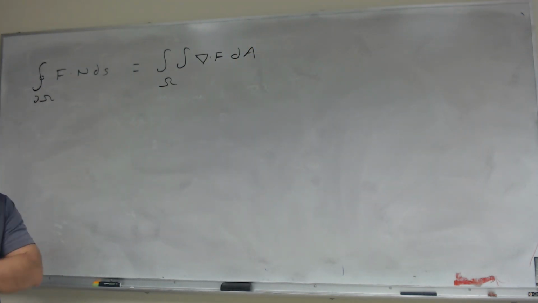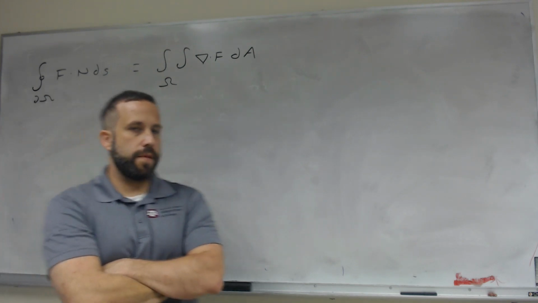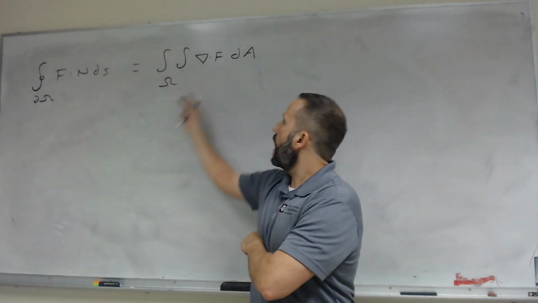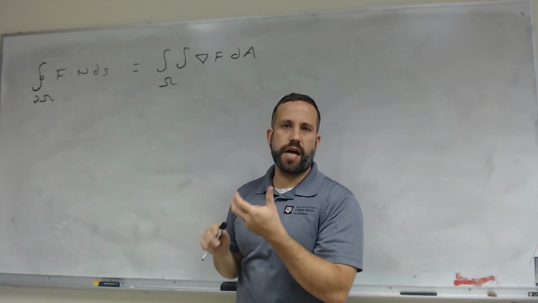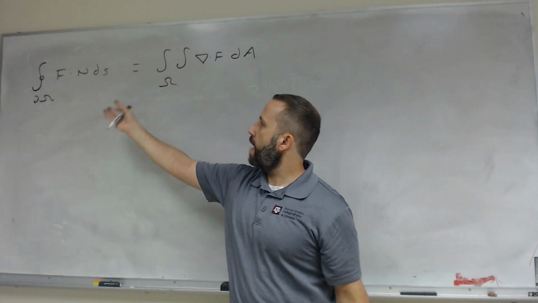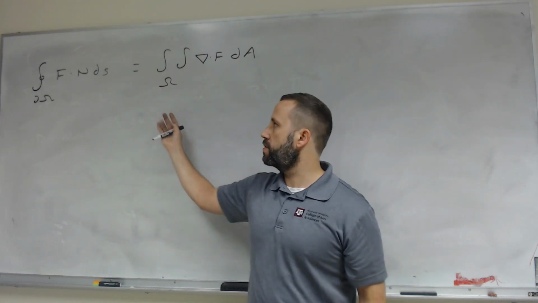Okay, so let me just point out, you might remember from your calculus class that the divergence of f, if f is a vector field, is kind of how much f is spreading out. And this identity is going to be one of the reasons.